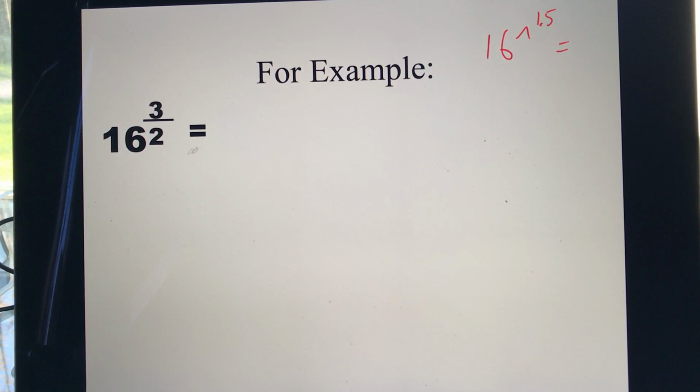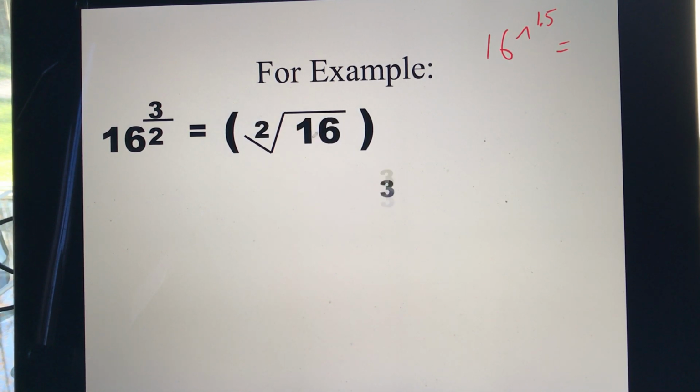So to convert it, I know that my base of 16 stays the same. The bottom number in my fraction becomes what root I'm looking for, and the top number just stays as the power. So 16 to the 3 over 2 is equal to the square root of 16 cubed.